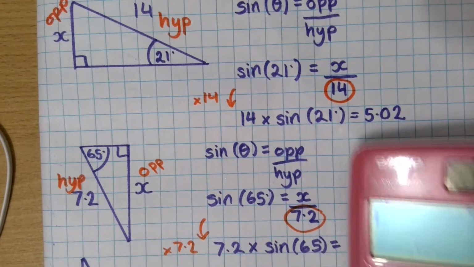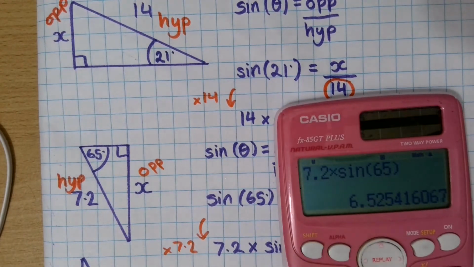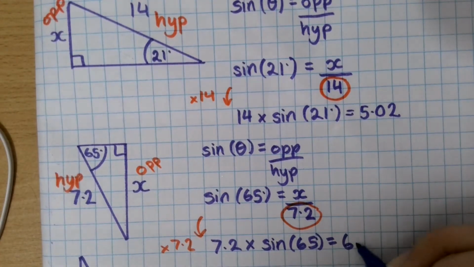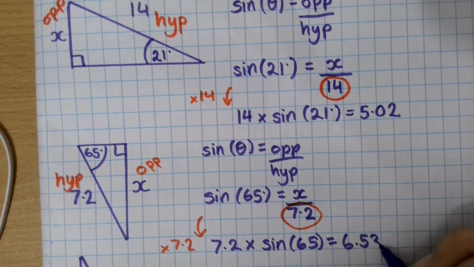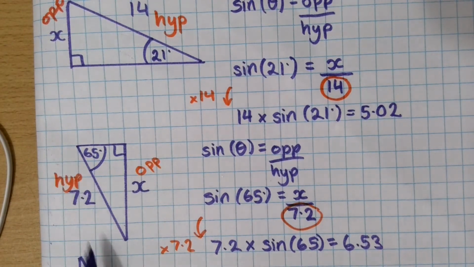And now we pick up our calculator and we pop that in. And it gives me 6.53, 3 significant figures, 6.53. Again, check, does that make sense with this triangle? Yes, it does. This hypotenuse is still the longest side, and 6.53 is a sensible number to be alongside 7.2.